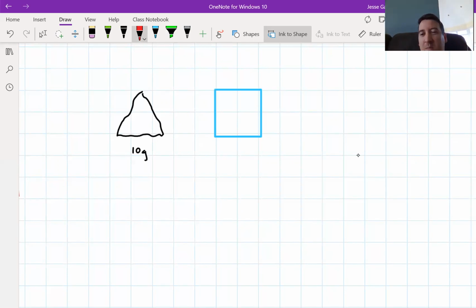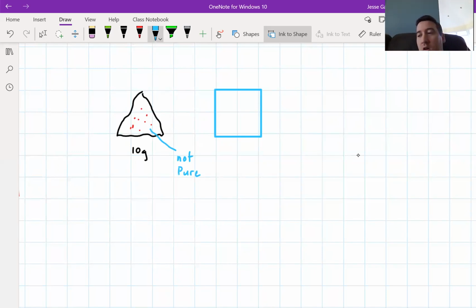Just imagine all the particles are black, but mixed in with it are some little red particles. There's only a few of them, but they're a different substance to the black. We say that this substance has a different substance mixed in with it, and the word we use to describe this is that this substance is not pure.